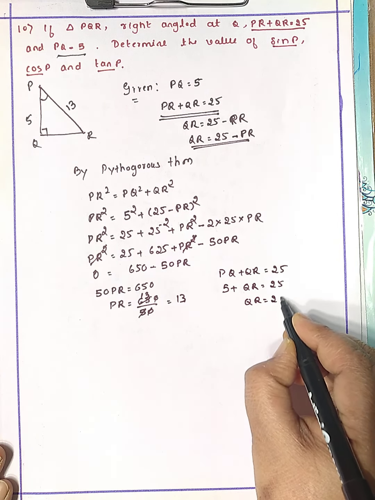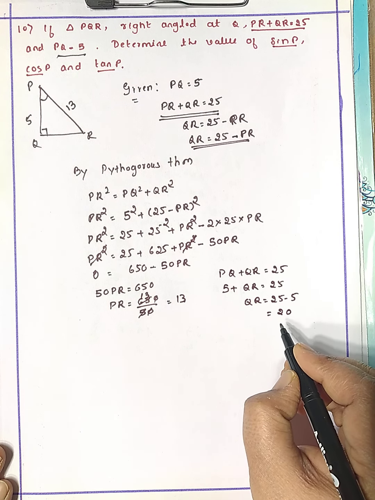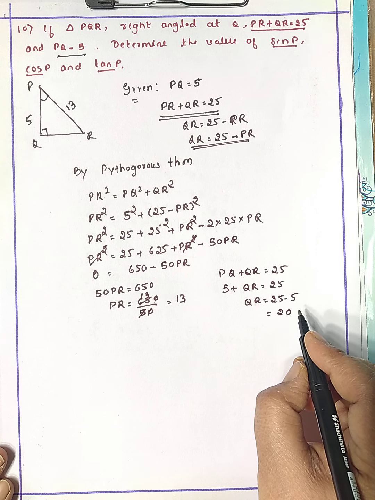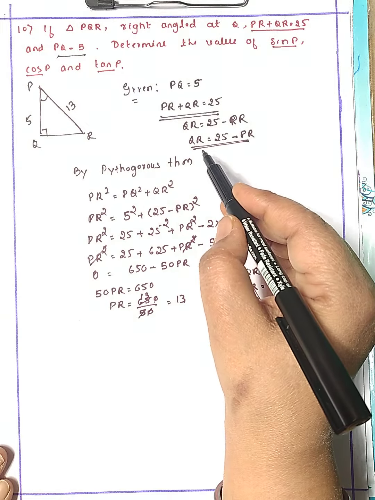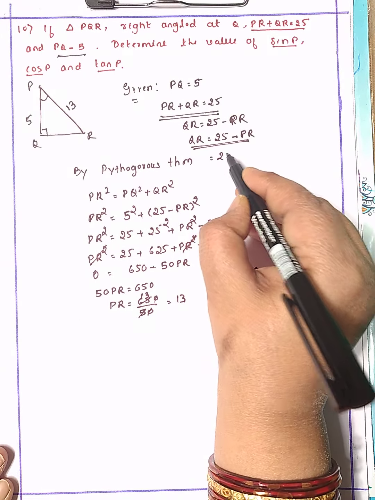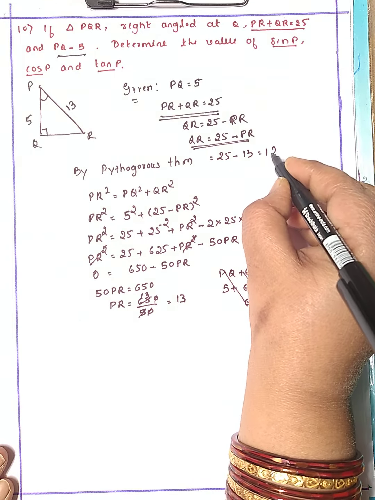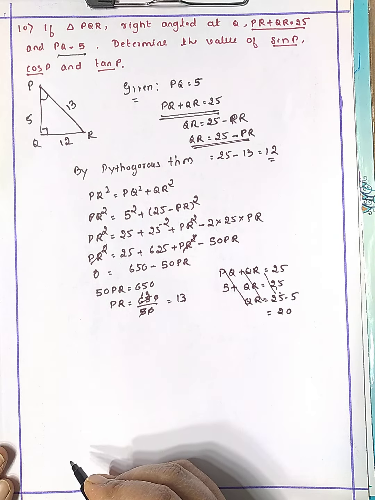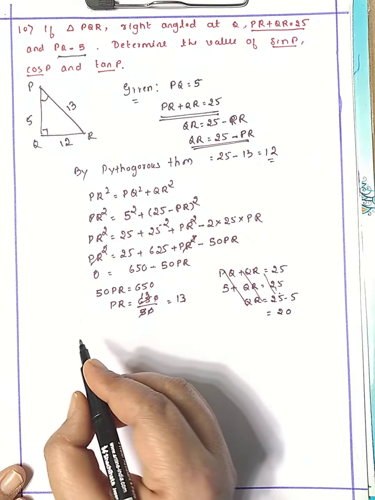QR equal to 25 minus 5, that is 20. So don't use this one. QR equal to 25 minus PR. 25 minus PR is 13. So this is 12. QR is 12. Now determine the value of sin P.